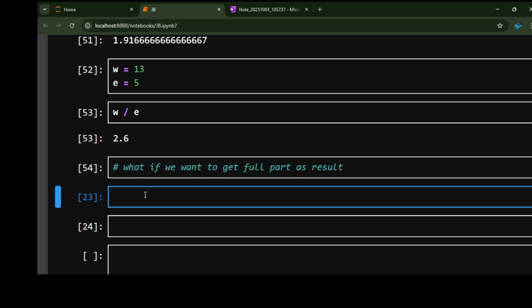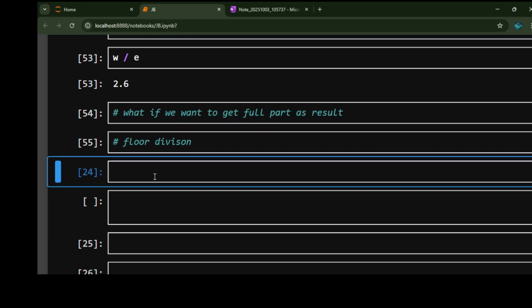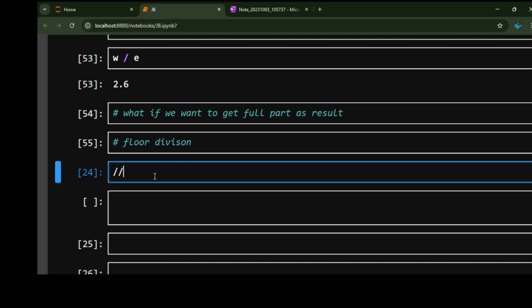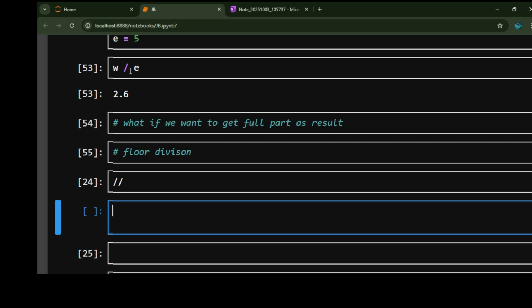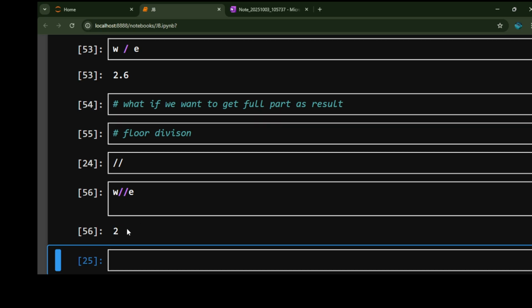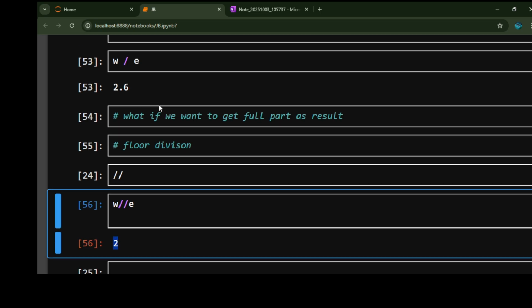Here comes another operator in play, that is floor division. Floor division, the symbol is this. How to proceed this? Simply we will try to divide w by e using this operator. Floor division of w and e. The value will be 2. How does this come?